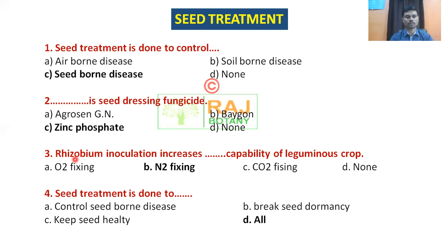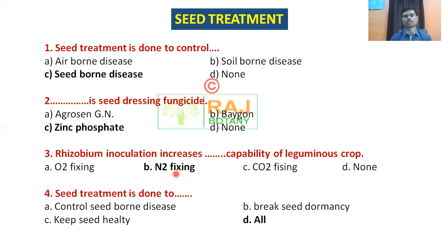Then next MCQ, rhizobium inoculation increases dash capacity of leguminous crop. The rhizobium is a bacterium. The population of the rhizobium bacterium is inoculated for increasing the nitrogen fixing capacity of the leguminous crops. Leguminous crops means those crops which yield the legumes. And at the root portion of this leguminous crop, there is formation of small knots.